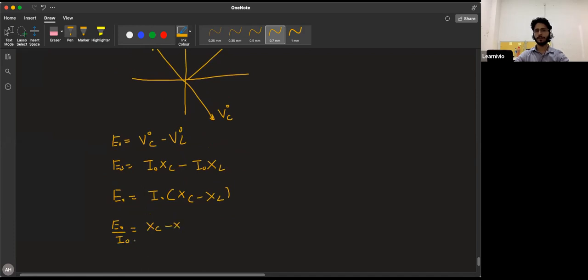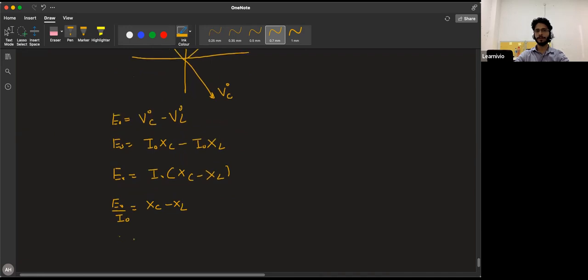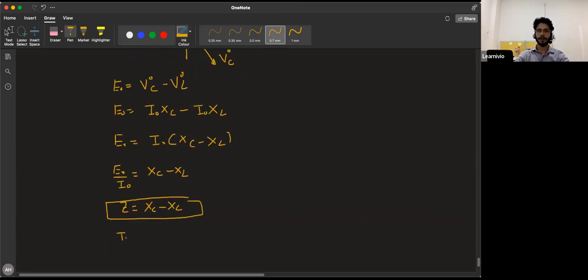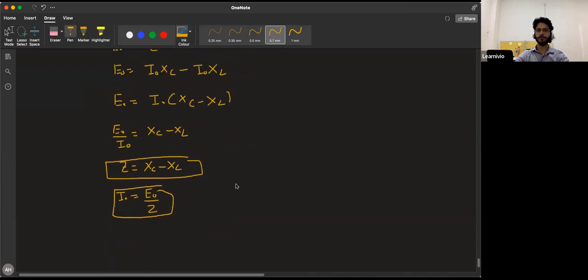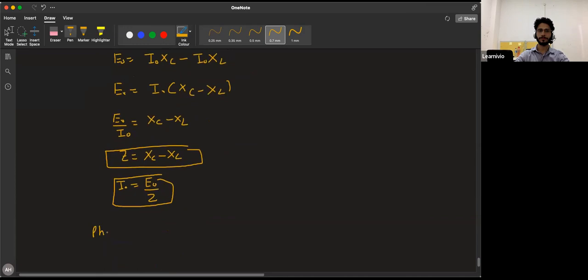And how much is E naught by I naught? That is Z. So the impedance is XC minus XL. This is the impedance. If you want to calculate I naught, then like all other circuits, it's E naught divided by Z. Phase difference here is also pi by 2.